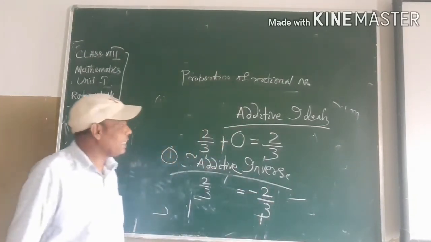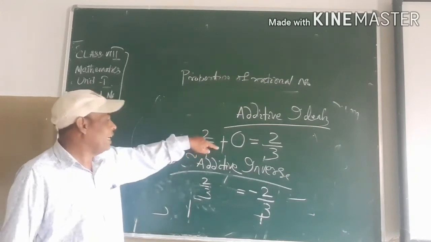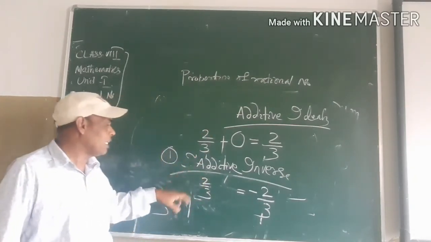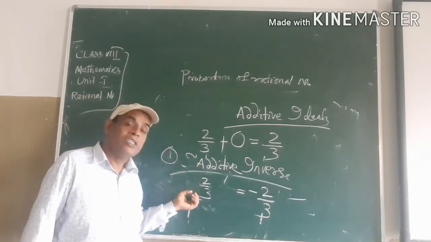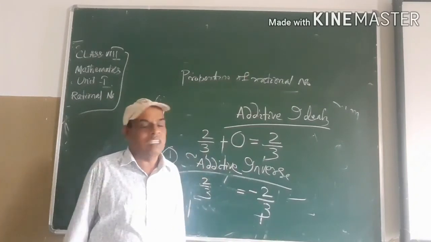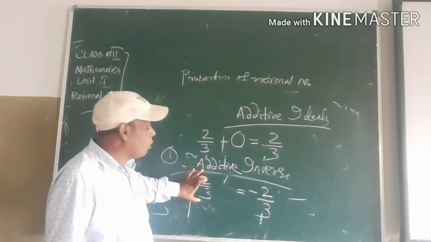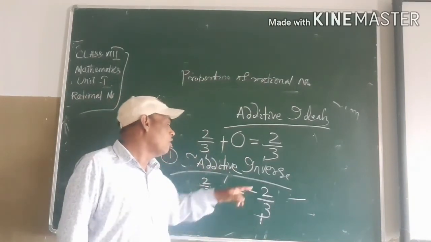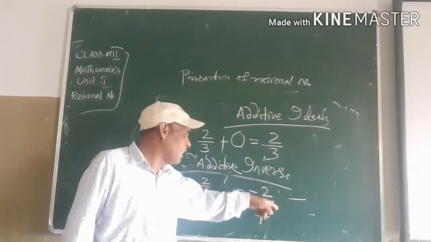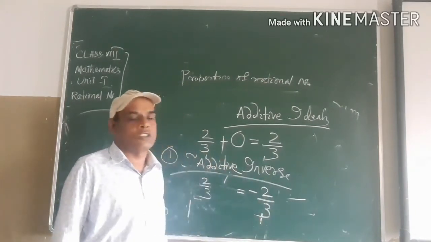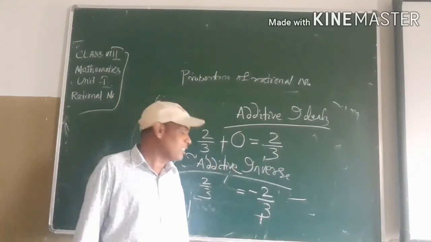What does it mean? Whatever rational number you take, just the negative of that rational number is called the additive inverse. Understood what I told you here today?